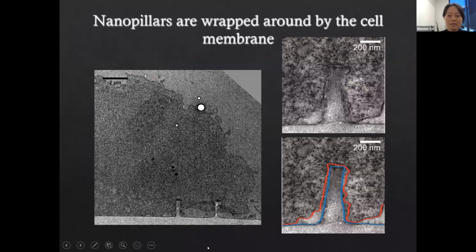I have to say this is a really difficult process, and after a couple of days immersed in the resin, the image quality is usually pretty bad. You can see the intracellular structure is not very clear, but you can still see the cell membrane wrapping around the nanopillars. So the cell membrane is not tenting on the nanopillars as an elastic membrane usually would.